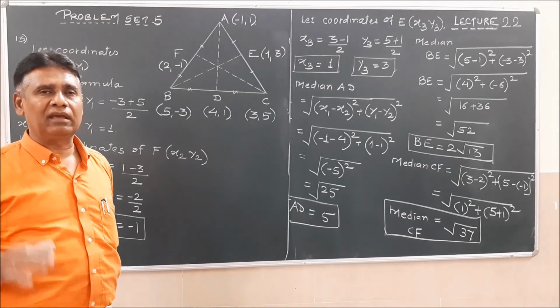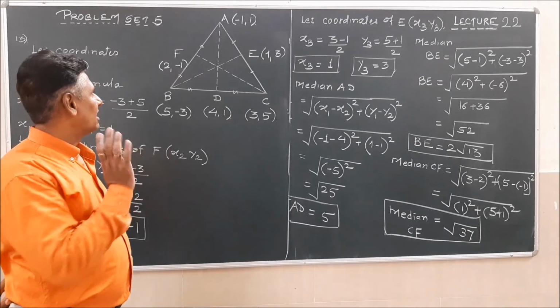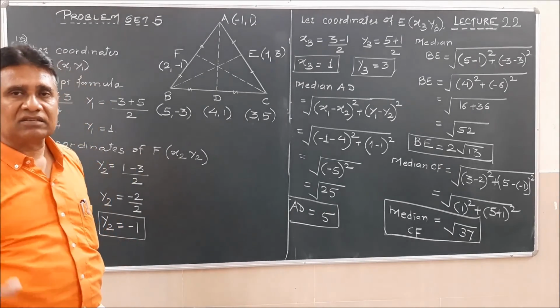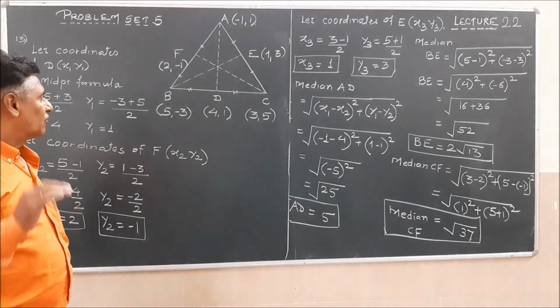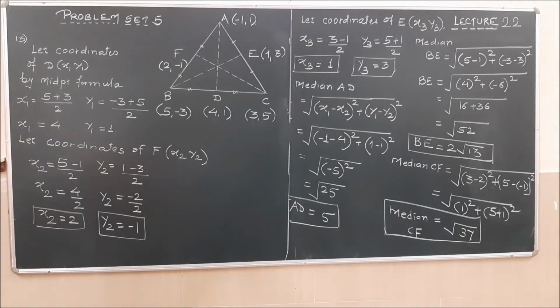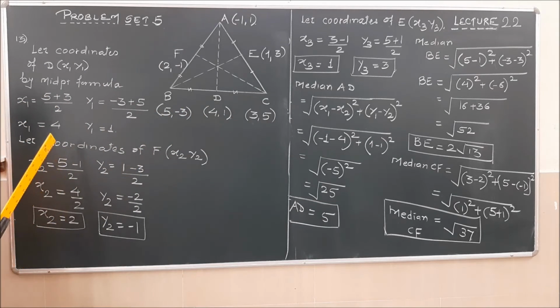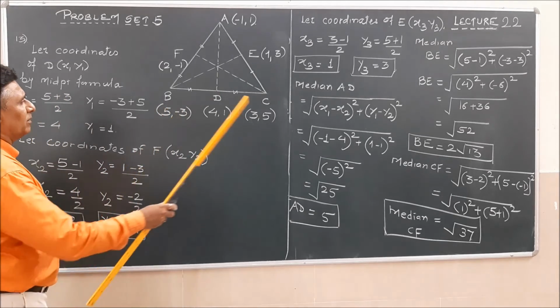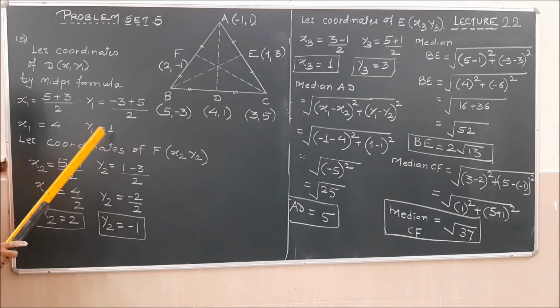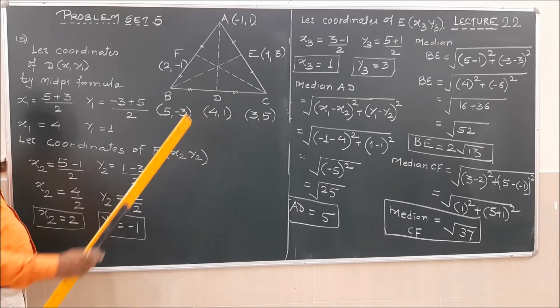They have simply given us the vertices A, B, C and they ask us to find out the medians. So the first job we have done is to find out the midpoints. So 5 plus 3 is 8, 8 upon 2 is 4. Then minus 3 plus 5, 5 minus 3 is 2, 2 upon 2 is 1. I got it as 4 comma 1.